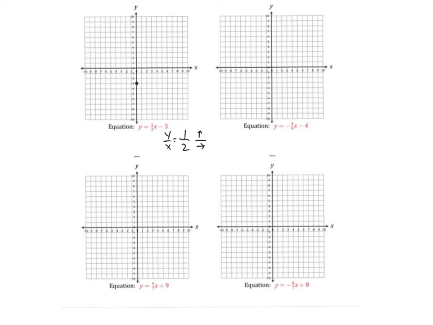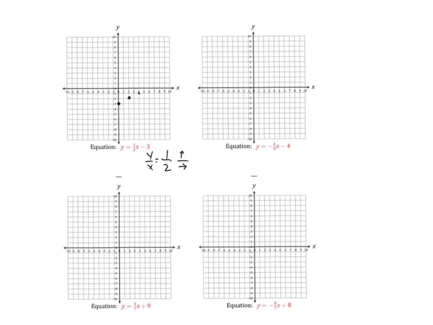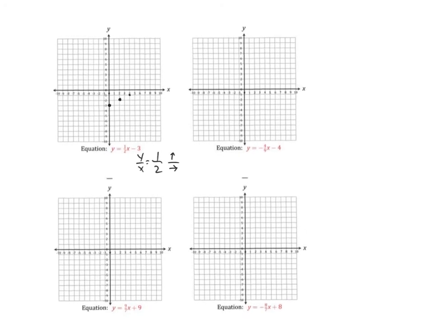So I'm going to go up 1 and right 2. Up 1, right 2. Now if I draw a line through it, that's approximately my graph.